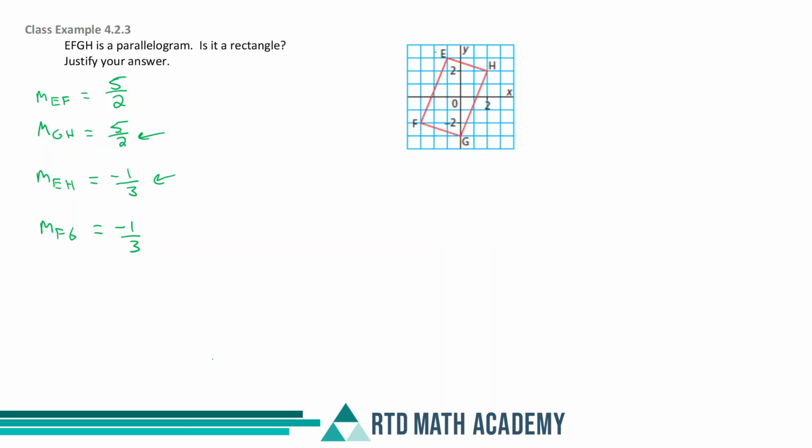If this one had turned out to be -2 over 5, then I would have said yes, this is at a 90-degree angle to this one. But since it's not, this is not perpendicular, which means this is not a rectangle.